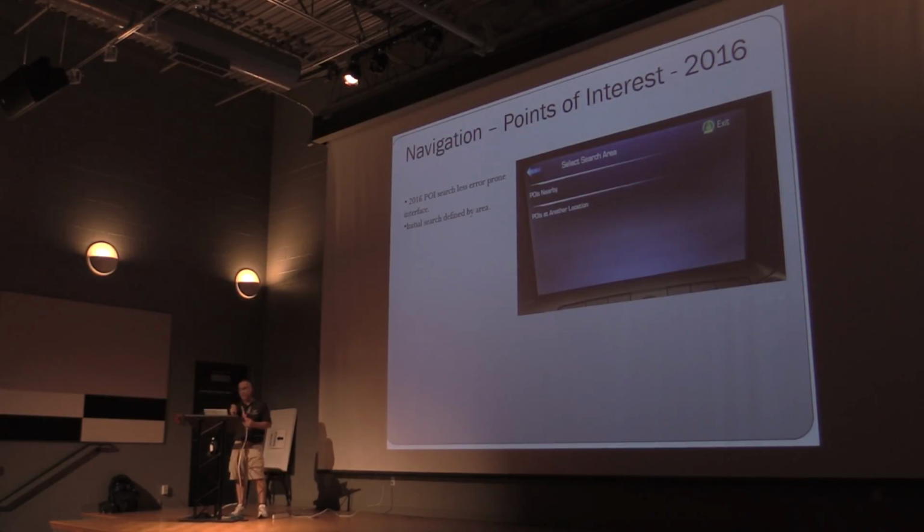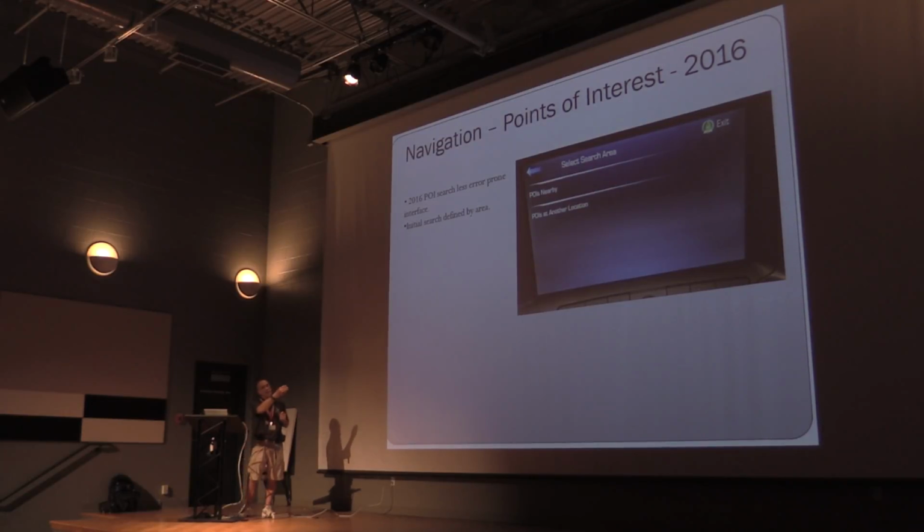All right. The 2016 point of interest selection has been refined. It's more intuitive. Again, because people were entering a POI search, not expecting it to be a proximity search based on where they were, they were getting erroneous results. The first stuff that was always coming up were things that were very near where they were, and they were determined they wanted to get to somewhere else.